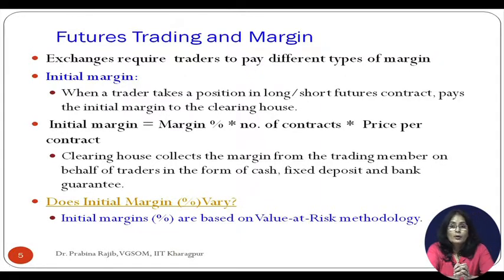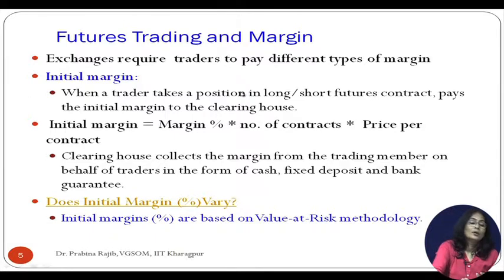So the cotton contract, if you recall, has 4% as the margin, and I also mentioned that both long and short futures position holders, whenever a trader's order gets executed, he or she has to give the initial margin.